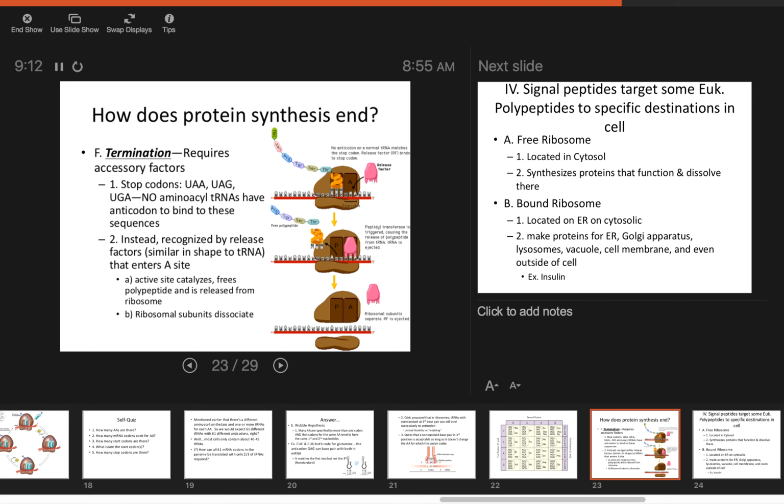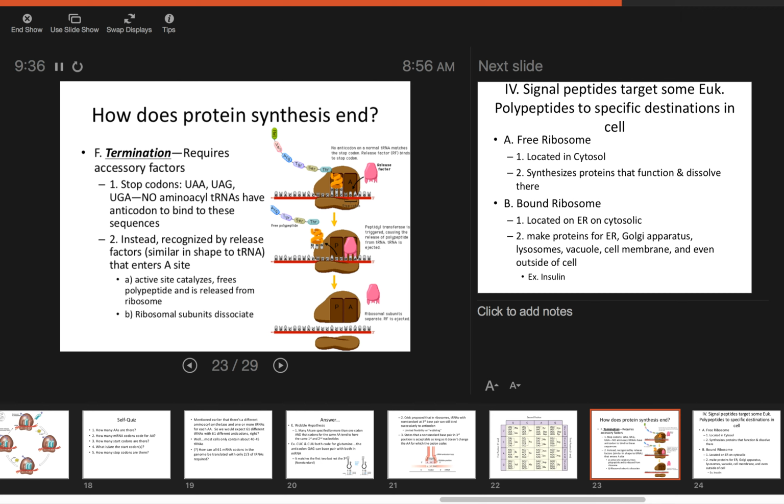So when the ribosome moves over, a peptide bond doesn't form between the last amino acid and no amino acid, and everything just falls away. The stop codons are UAA, UAG, UGA. There are no amino acid tRNAs for those three codons, and that's why they're considered stop codons.